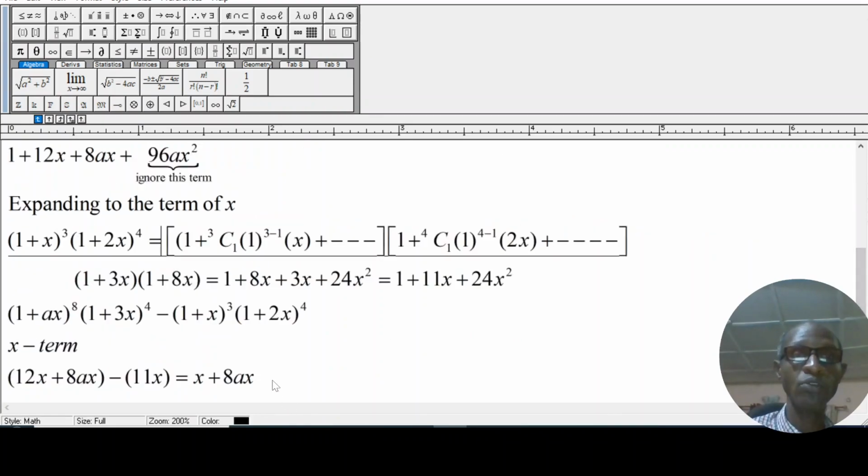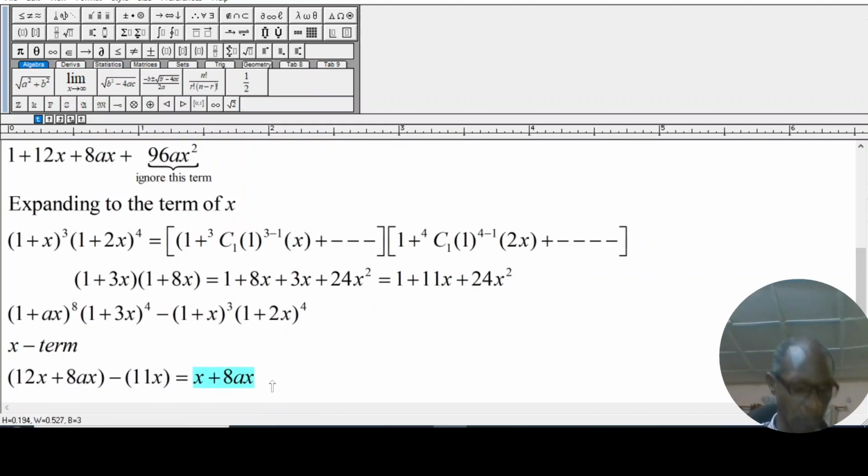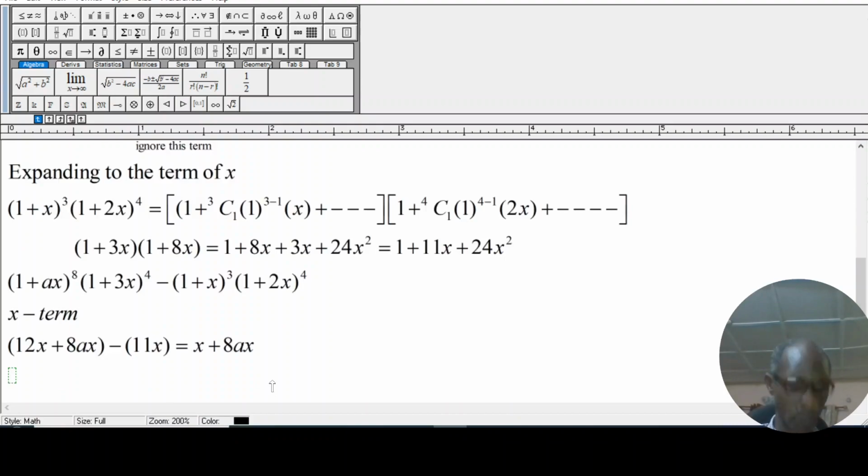So we are going to assume that everything here is equal to 0x. That is what it means, that the coefficient of x is equal to 0.